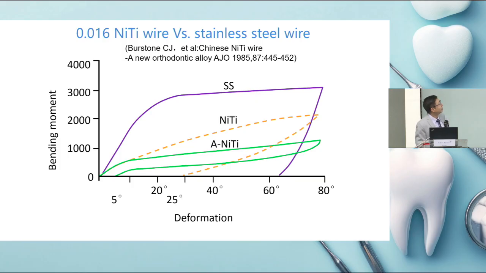He compared wires with a 0.016 nitinol wire and stainless steel wire. This one is Chinese nitinol, this one is American nitinol. Now you can see Chinese nitinol gives lighter and stable force.